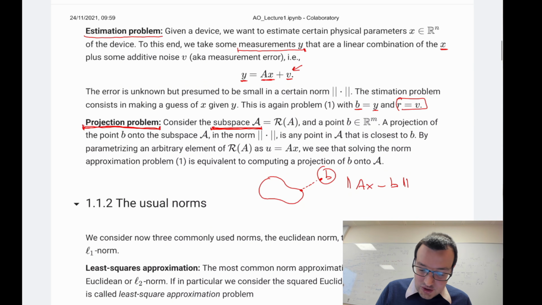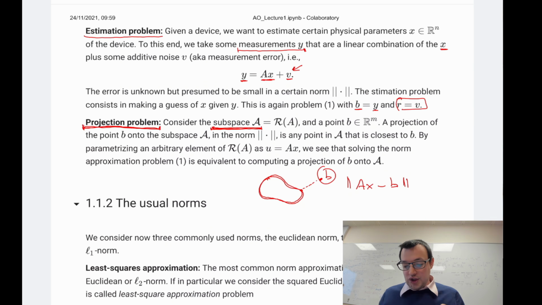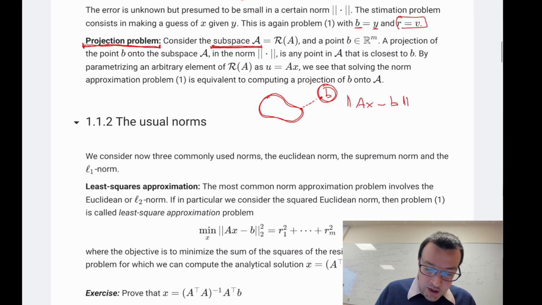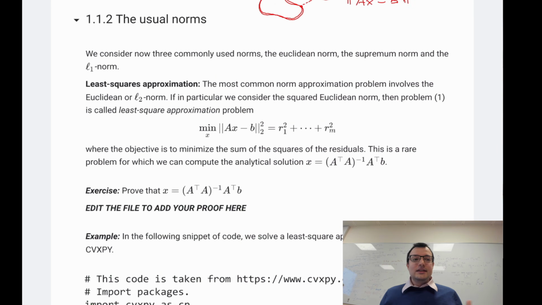You can also imagine that this is a sort of constraint, something that encodes what is actually possible to achieve. We're given a certain objective b, and then we want to find the closest achievable point to b. So up to this point, we have seen that this mathematical problem, the basic norm approximation problem, arises in different fields. It can be an estimation problem, it can be a projection problem, and so on.